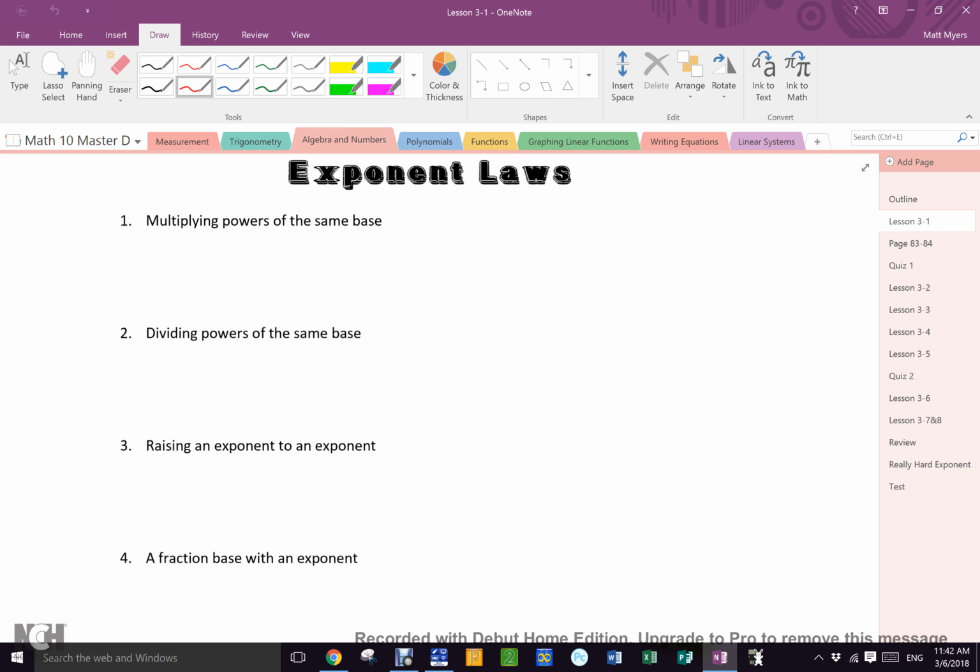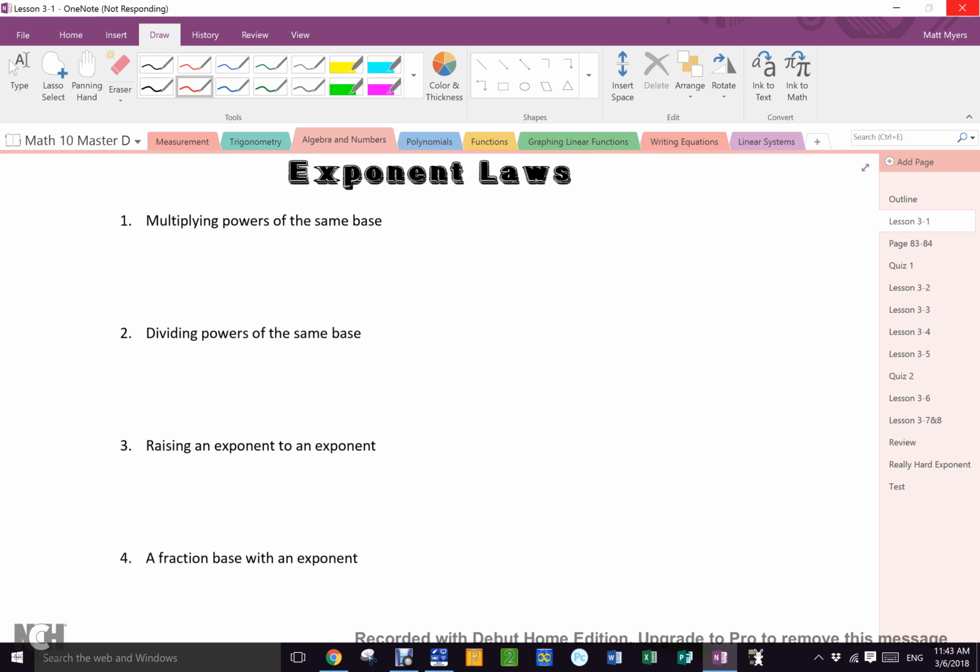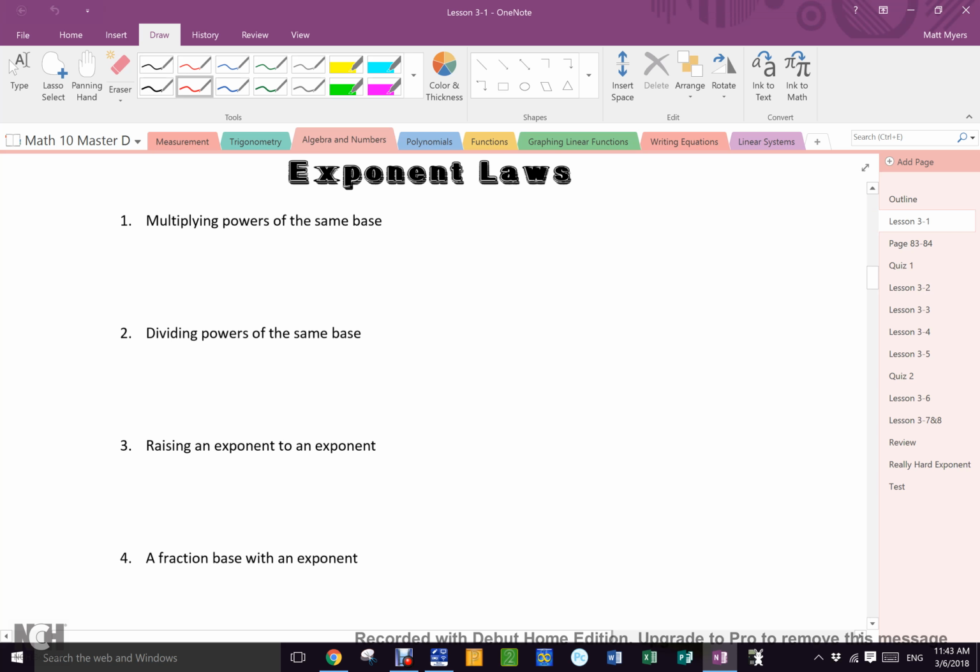So that means I have a base, which is what? The big number or the little number? The big number. 3 squared times 3 cubed. Are those the same base? Yes. Indeed they are. And like I said, if you understand the simplest part of exponents, what that little 2 and that little 3 means, then all the rest of this you don't even need to pay attention, because if you understand that, that's all you need to know.